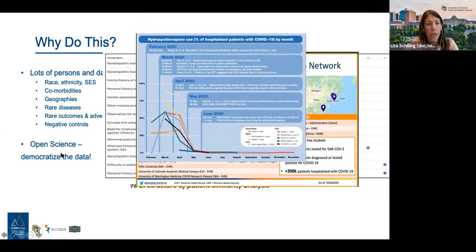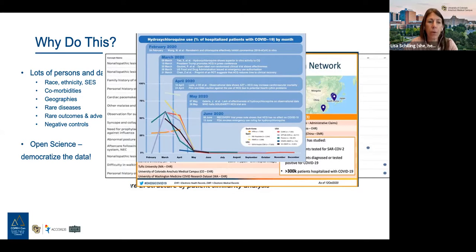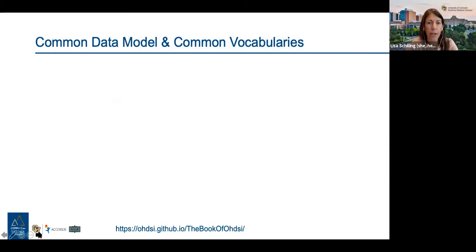The other thing is that, as we make the data more standardized, we can actually focus on the science of generating discoveries and evidence out of that data. So we can really democratize the data, right? It shouldn't be the data that's a barrier to people having great hypotheses and being able to test those hypotheses. And in the past, it has been a little bit that if people had the data, they kept it to themselves, and they were the only ones that were really using that data.